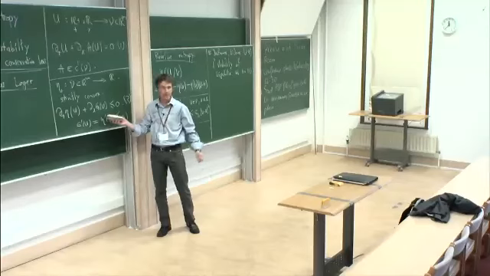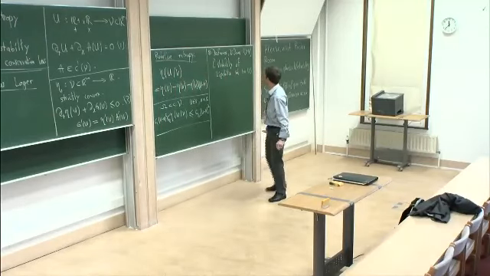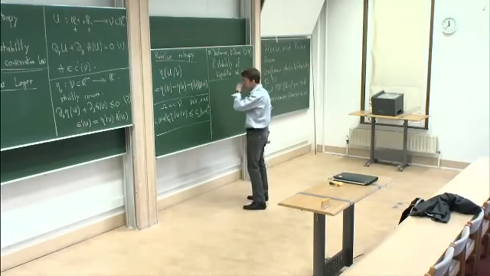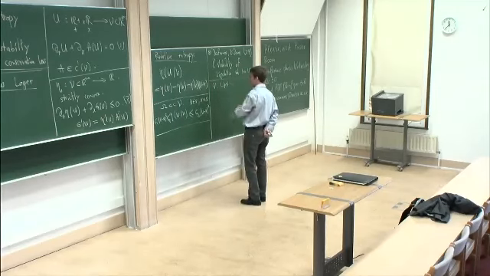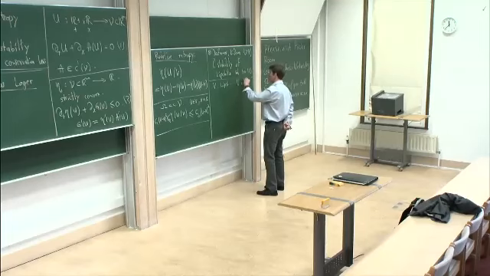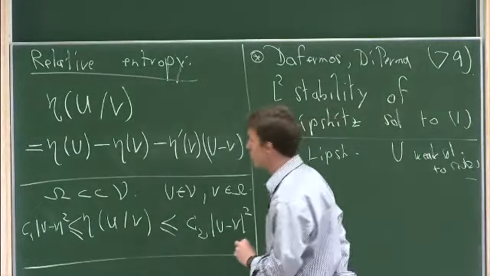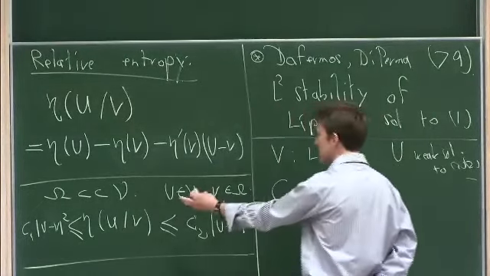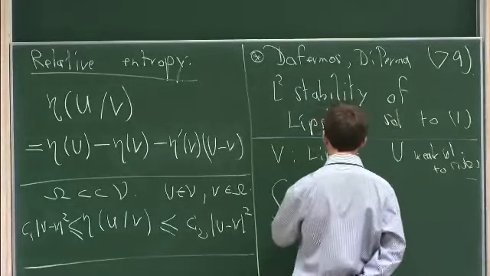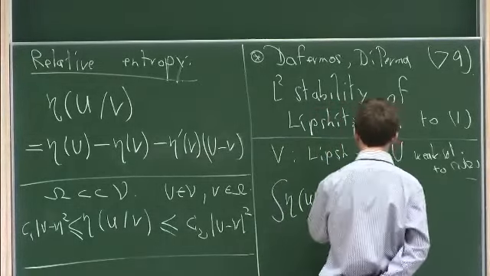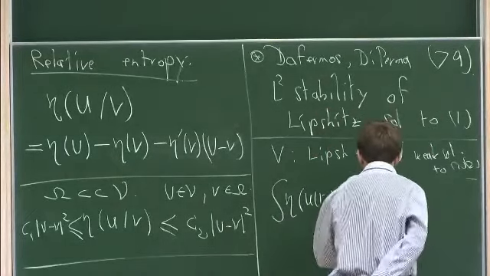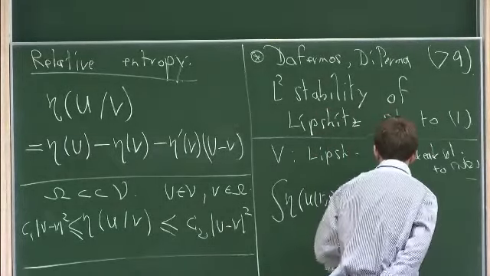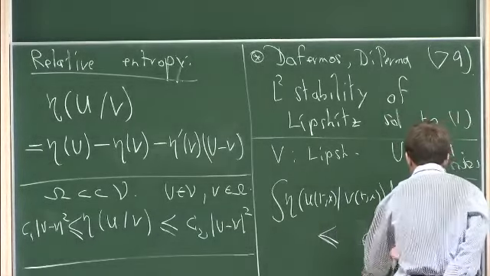Actually, when it is Lipschitz, it verifies this also with inequality. Okay. And basically what they've shown is that if you take V, which is Lipschitz, and U, a weak solution to (1,2), well, then actually you can consider this kind of distance, the relative entropy of U of t,x with respect to V of t,x, dx, and this quantity can be controlled as a big exponential with big C t of the same thing at t equals 0.